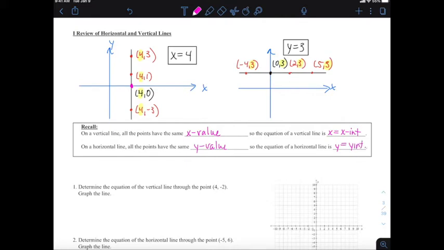Before we move on, I just want to make a really important statement, and that is with regards to the slopes of these lines. So what I sometimes get told about vertical lines is that they have no slope. And I want us to really be cognizant about never saying this.